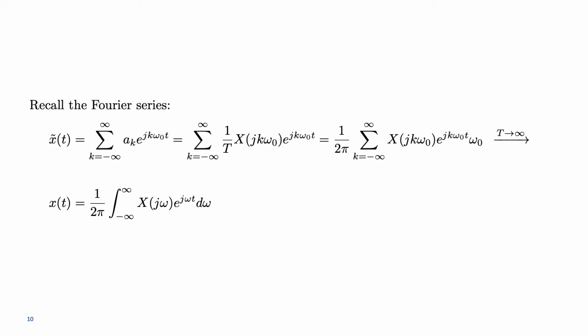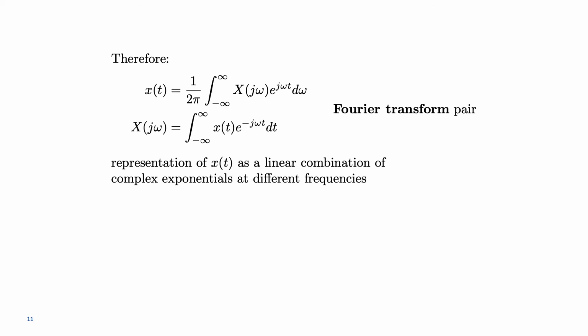Let's wrap everything up and formalize the Fourier transform and anti-transform pairs. So here we have grouped together the Fourier transform and anti-transform formulas. x of t, which is the signal in time domain and it's not periodic, can be expressed as 1 over 2 pi, the integral of capital X of j omega e to the j omega t d omega.